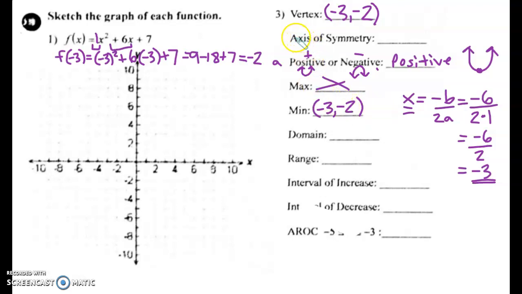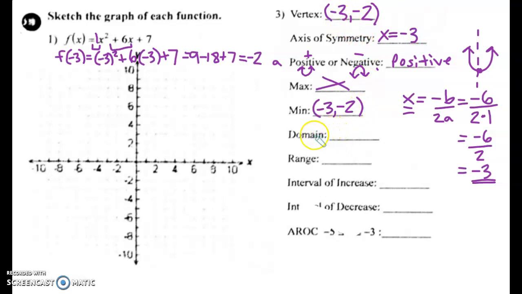Now, let's think about axis of symmetry. The axis of symmetry, remember, is that axis that cuts the graph in half, which just so happens to cut through the vertex. So if I label this, remember it's x equals, and what is the x value of the vertex that I cross through? Well, the x value is negative 3 from my vertex.